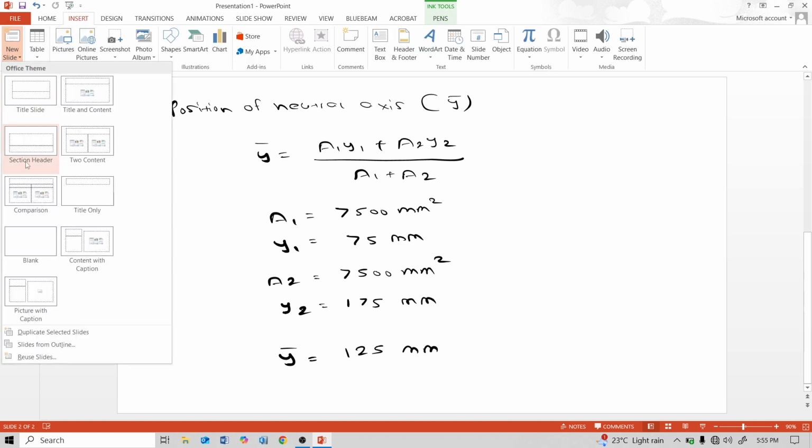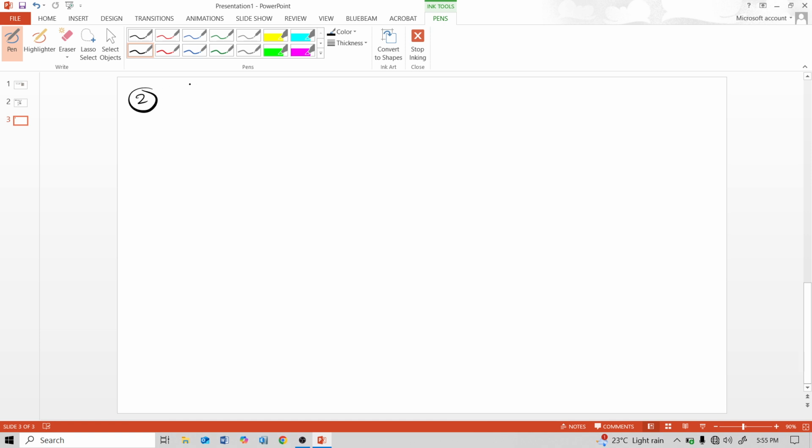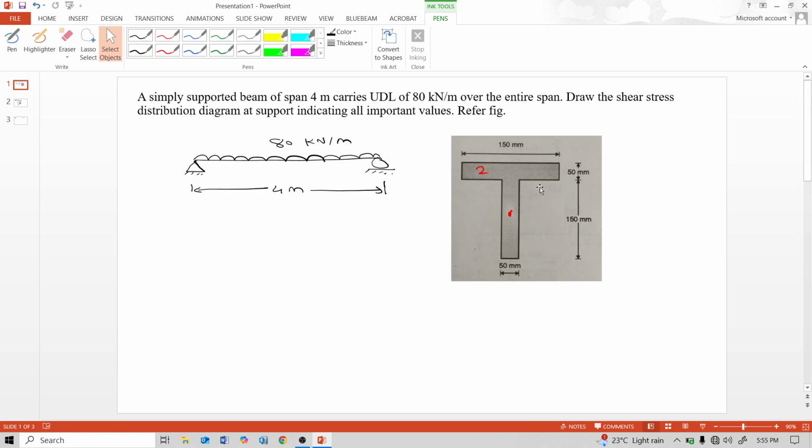Now the next step is finding the moment of inertia. Moment of inertia for that whole T section is about the x-axis, and from the bottom fiber the distance is 125 mm.